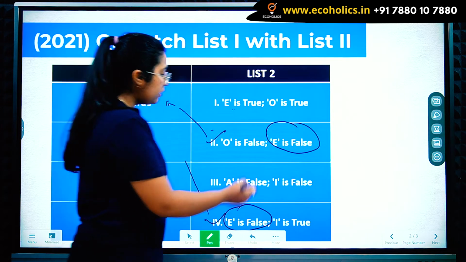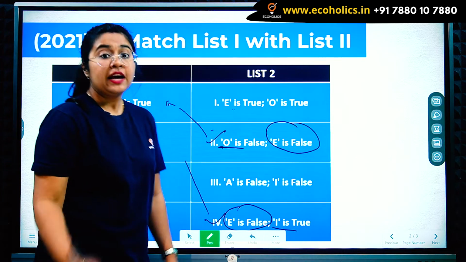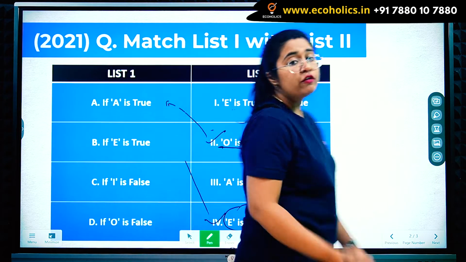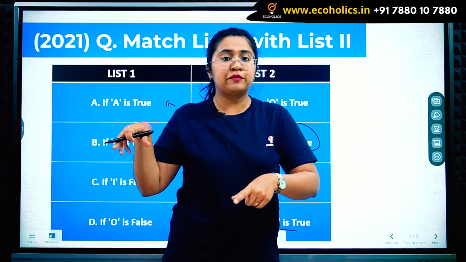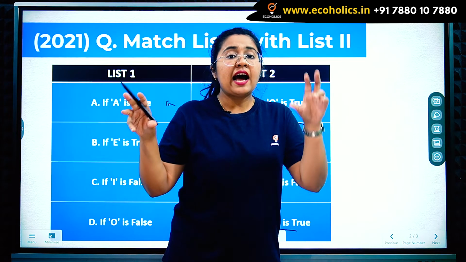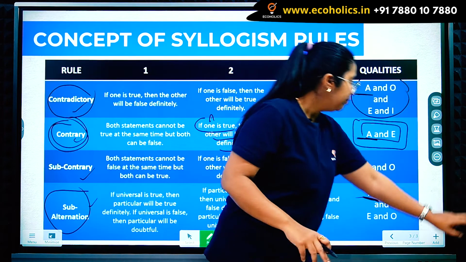But apart from that, we have options of O and option of I. Now, we need to understand which of the logics are combined with A type of statements. Is it A as well as I or A as well as O? Okay, so let's see.